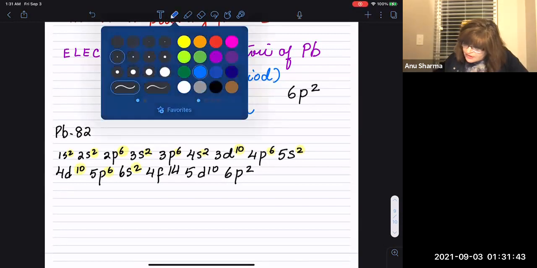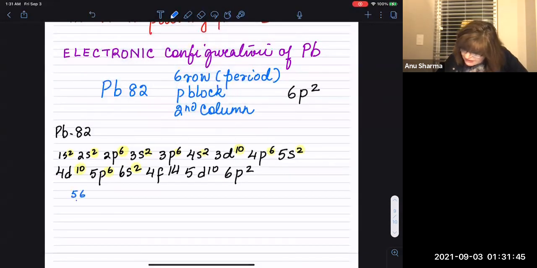Let's count this. 56 plus 14 plus 10 and 2. So what do you get? 82 electrons. All of them got accounted for.